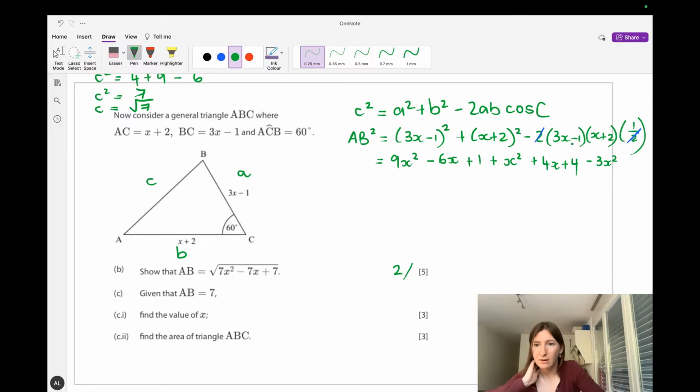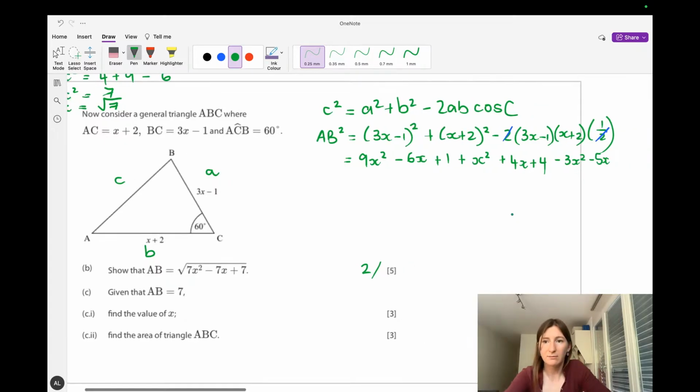Now, we're going to do 6x minus x, so that's, was that positive? Oh, there's a lot going on. Yeah. 6x minus x is 5x and minus 5x. Can we fit it in? And then finally, a minus 2 with a minus makes a positive 2.